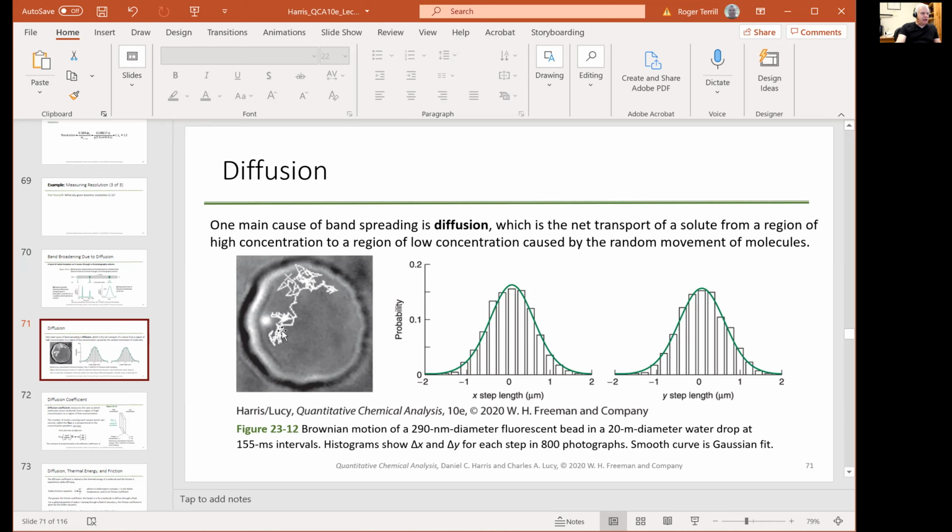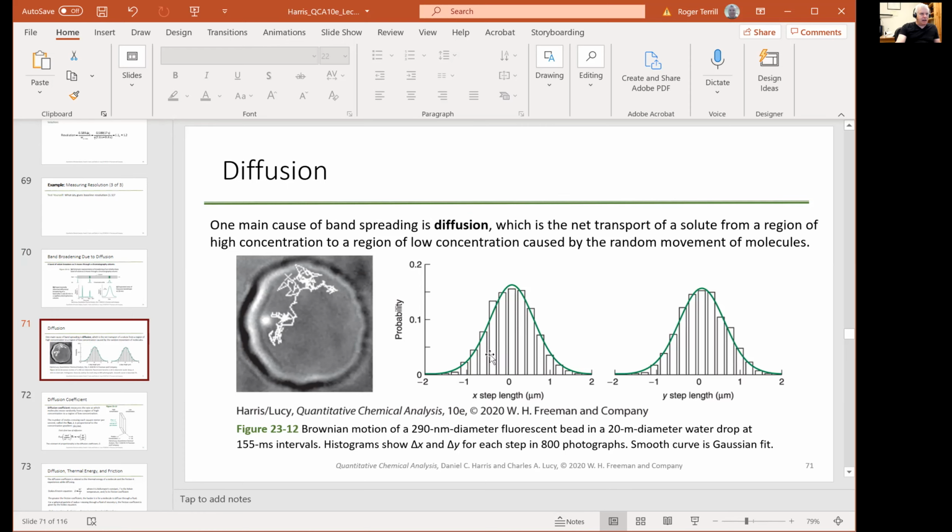Basically you can plot the location of the bead in the drop. After each step, there's a certain amount of distance that it travels in any dimension, in X or Y here.